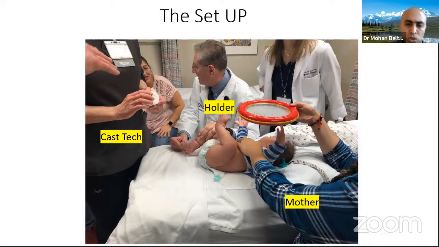The manipulator or holder sits on the side of the clubfoot, for example, in this case the right clubfoot. So the manipulator is sitting on the right side of the baby. The mother is sitting on the left side, distracting the child, sometimes by playing music, whispering to the child, or feeding the child. And then the cast tech stands at the end of the table, as shown here.